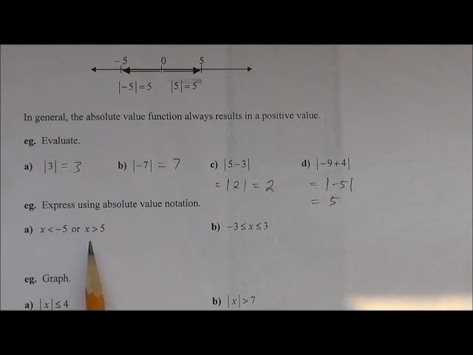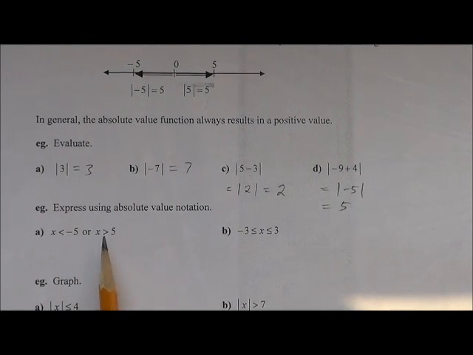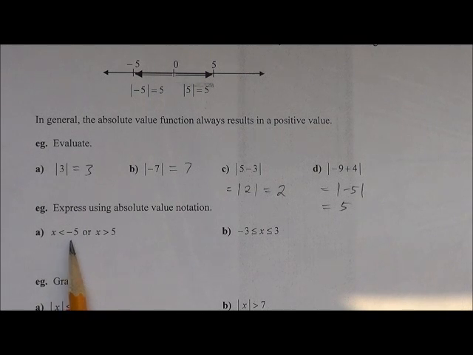So if we take the positive ones, which are a little bit easier to see, x is greater than 5, that means that x would be 6 or 7 or 8 or 9, etc. It's on to infinity. And they could even be decimal values. It could be like 5.1 or 5.01 or 5.001, etc. It can be as close to 5 as possible, but just has to be greater than 5.